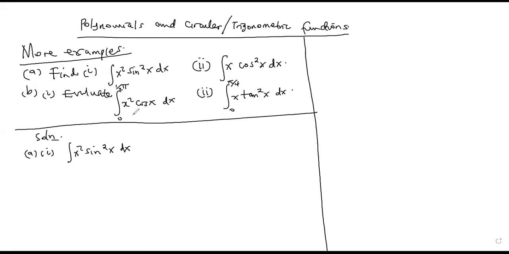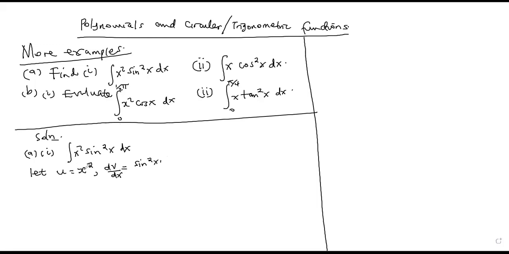Therefore, we shall let u be equal to x squared, since it can easily be differentiated until you reach 0. And then I will let dv dx be equal to sine squared x.